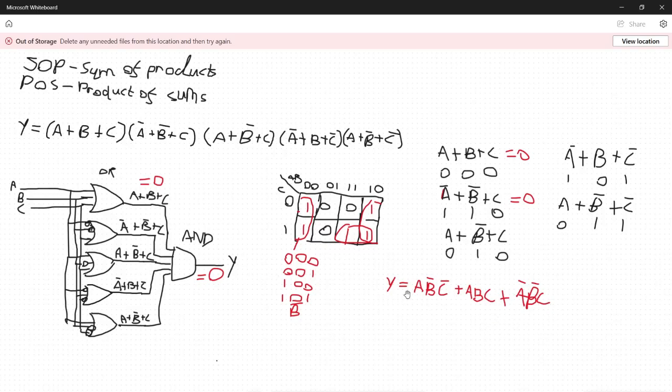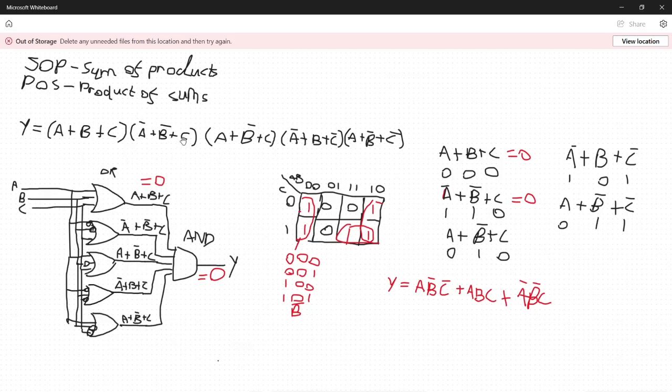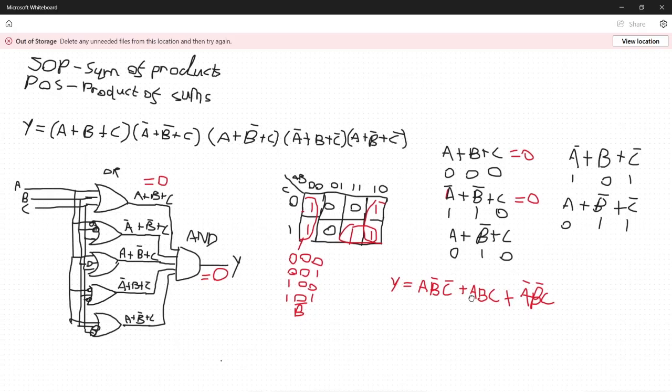And now, if you want to try your luck and see if you understand the previous lesson on Boolean, then you can try and simplify this entire expression down into this. And if you somehow get a simpler expression from this than this, you did something wrong either in your calculation or in your K-map.